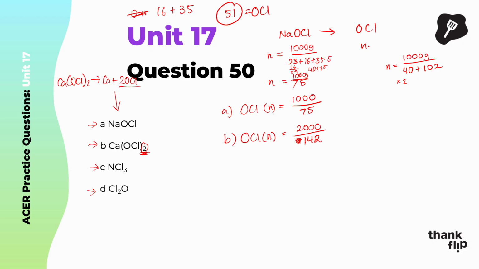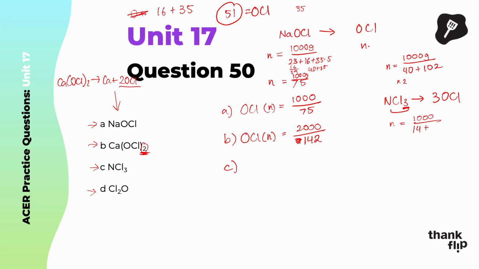Okay, then we have C. We have our nitrogen, Cl3, and then say this reacts with water. Either way, because we have this 3 here, it's going to lead to 3 OCl. And so doing the same thing that we did earlier, 1,000, so 1 kilogram over, we have nitrogen is 14 plus 3 times 35.